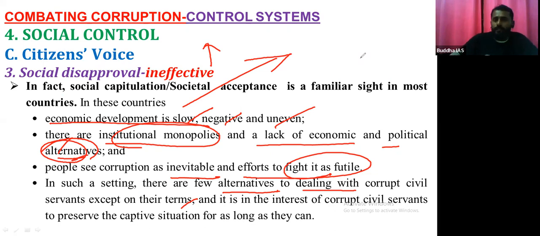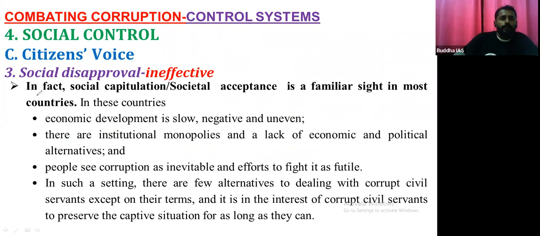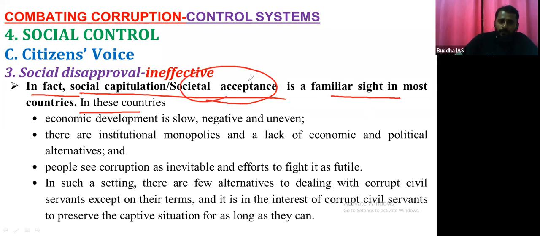So I'll read this again, very important one. In fact, social acceptance is a familiar sight in most countries. In these countries where social acceptance of corruption exists, economic development is slow, negative, and uneven. There are institutional monopolies, a lack of economic and political alternatives.